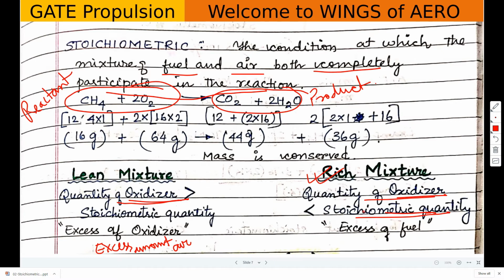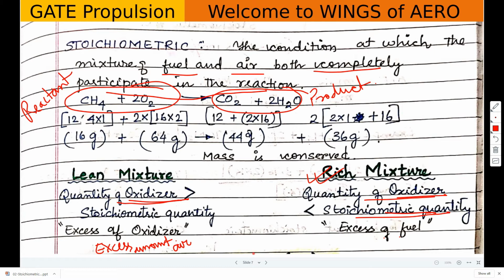When there is an excess amount of fuel, we call it a rich mixture. When we have an excess amount of air, we call it a lean mixture. So you have to understand this terminology.